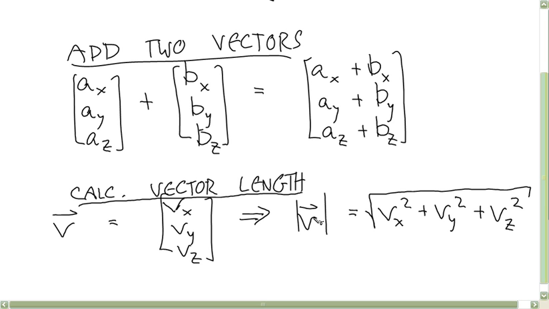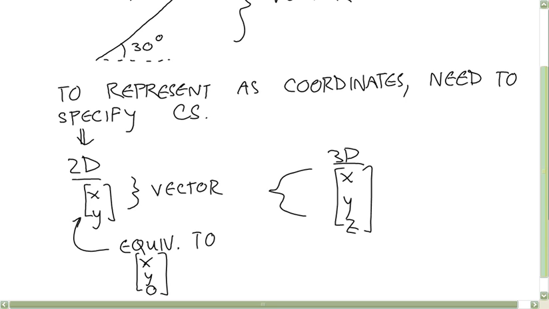This is the notation with the absolute value sign. To think of a 2D vector, just think of it as having the z component equal to 0.